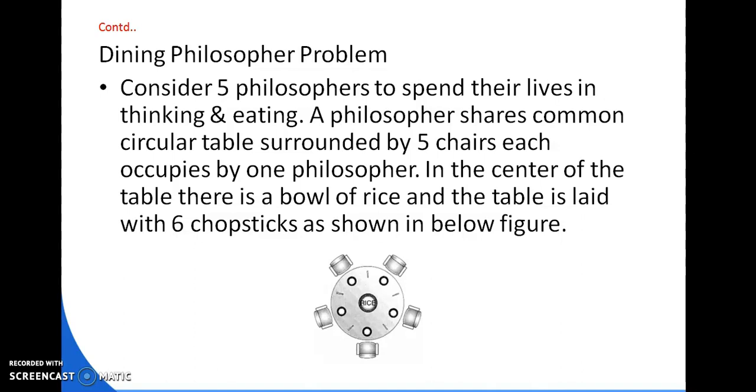So the structure of the dining philosopher is: wait(chopstick[i]), wait(chopstick[(i+1)%5]), eat, signal(chopstick[i]), signal(chopstick[(i+1)%5]), think.